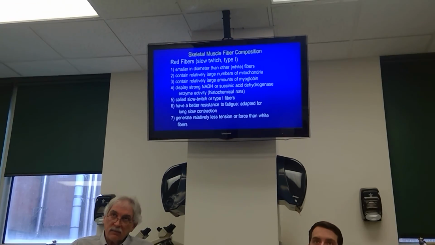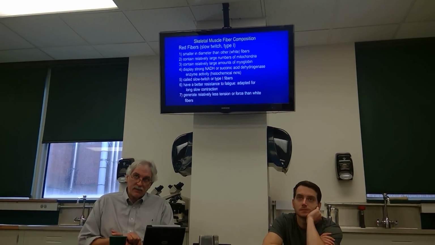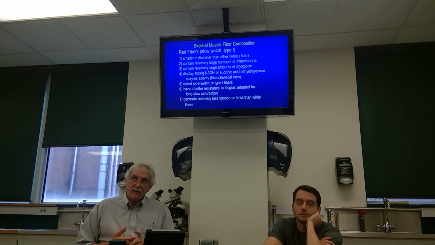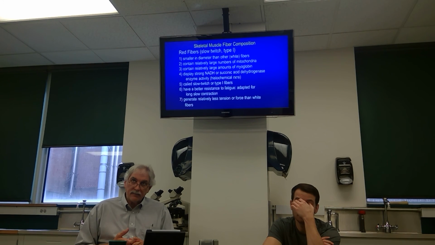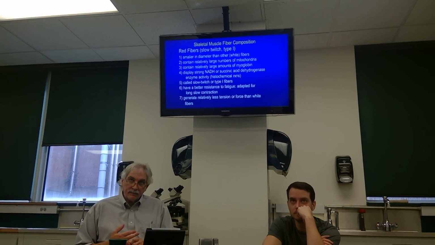here's a little bit of detail on what each of those fiber types represent. Red fibers are called slow twitch or type 1. They're the ones that were smaller in diameter. At the tissue level, they contain relatively large numbers of mitochondria and large amounts of myoglobin.